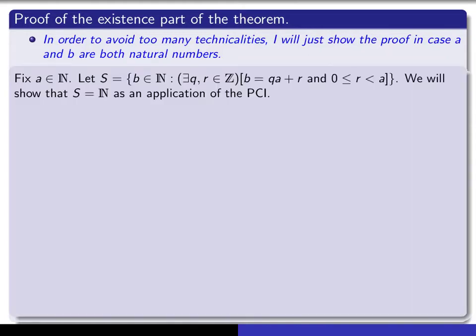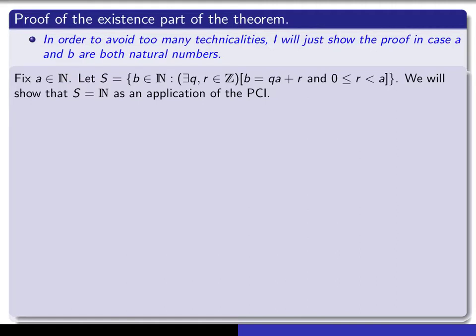So what we're going to do is fix an a in the natural numbers, and do everything relative to that a. We're essentially going to prove the rest of the theorem by induction on the other variable, the b in the theorem. In order to apply the principle of complete induction, we need a set S, which we're going to try to prove is equal to the whole set of natural numbers.